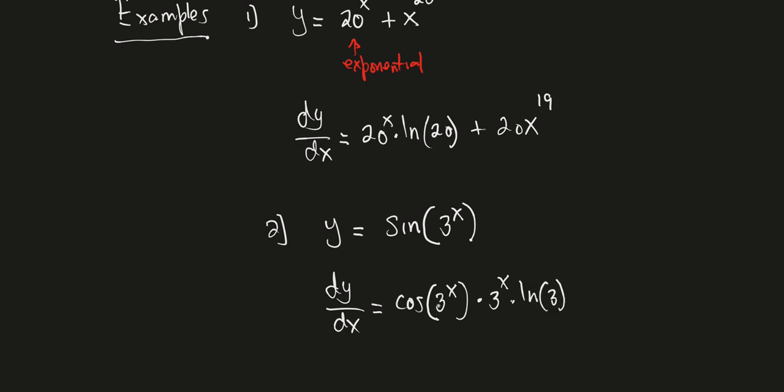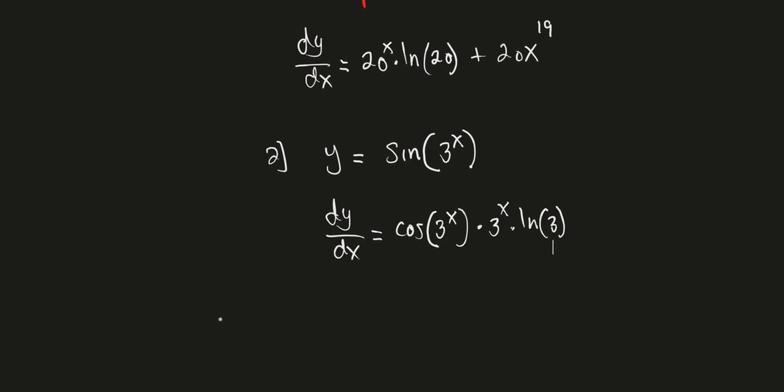So whatever the base is, you take the natural log of that base, and that gives you the constant that needs to be multiplied. So that's our derivative. There's no way to combine these or simplify these, right? This is just what the derivative is.